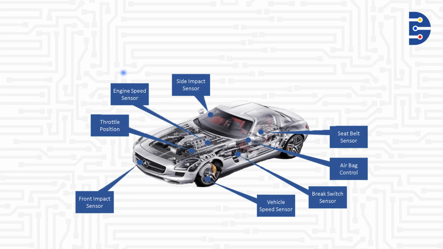Let me explain to you how some of these sensors work. The car has a lot of sensors in. The brake sensor, the speed sensor, the seat belt sensor, the impact sensor, engine sensor, the throttle sensor, and so on. For an insurance company, these sensors play a vital role.